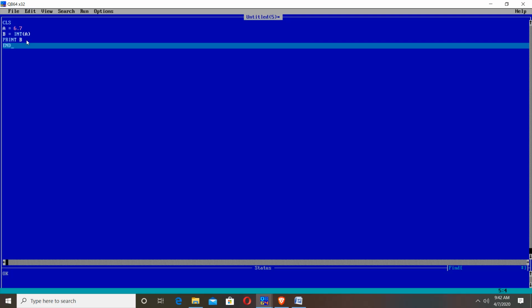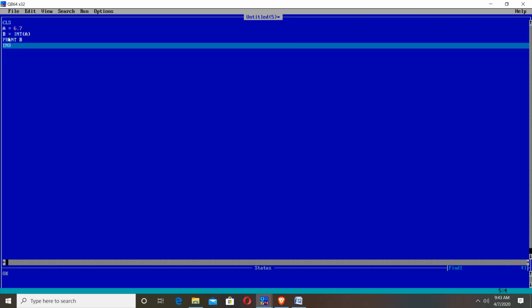And remember, the output of this program will be a number. Whenever you are processing numbers and use INT or a numeric library function, the output also will be a number. So we just have written B here. If the output was a string, meaning if it contains any alphanumeric characters, alphabets or numbers, at that time we have to use the $ sign.